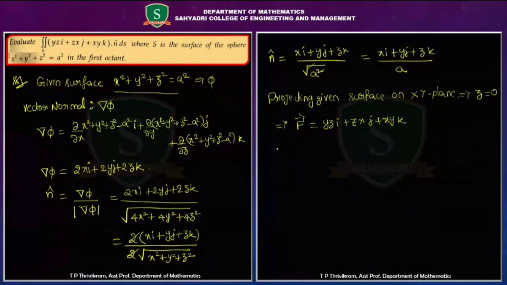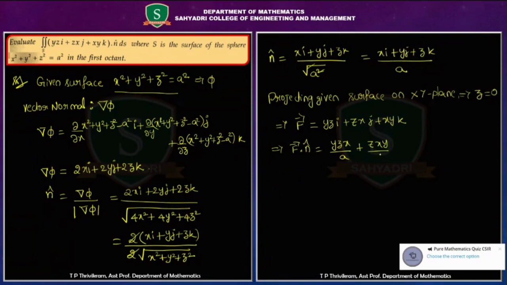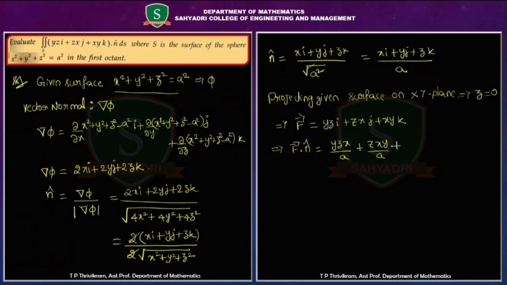So F dot n cap is equal to yz into x by a plus zx into y divided by a, plus xyz divided by a.